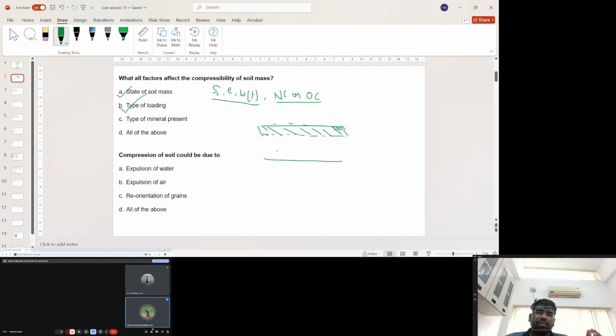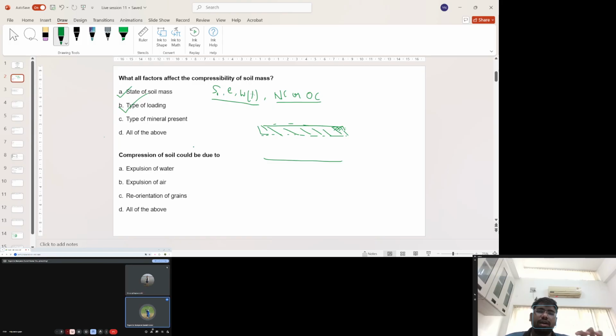Even though the composition is of both silica sheets and alumina sheets, their type of arrangement is different. And between these layers, the DDL, absorbed water, thickness of the absorbed water will be different. So these things entirely govern the compressibility aspects at a larger scale.